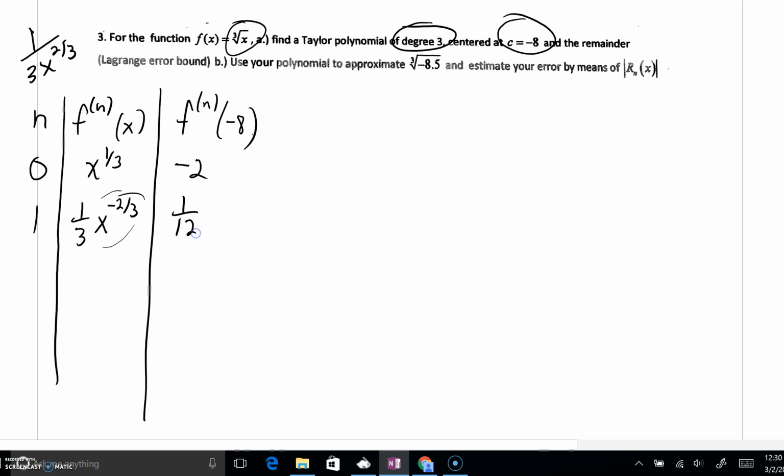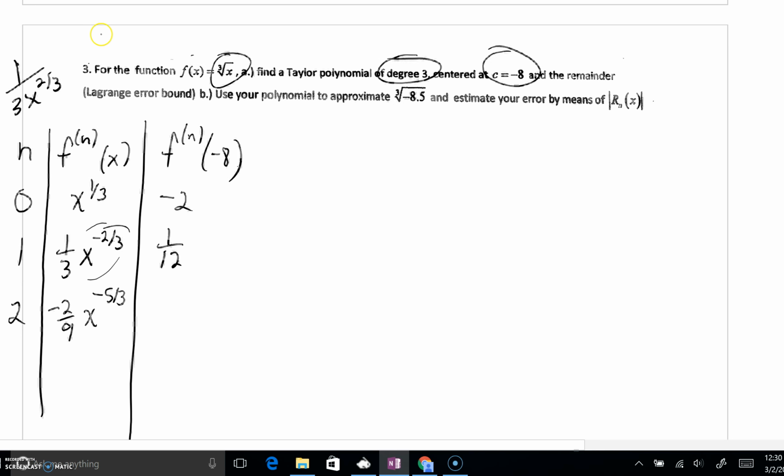You'd get 1/12. If you were to take the second derivative, you bring down a -2/3, you'd get -2/9. And then you'd subtract a 1 from your power, subtract 3/3, you get -5/3. Again, if you were to plug in a -8, you've got -2/9 x to the -5/3.